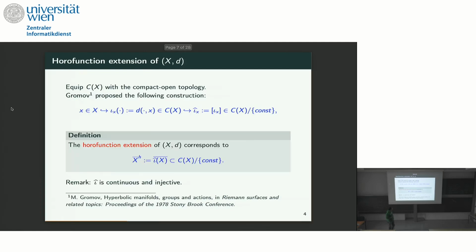Then he said that the horofunction extension of a metric space (X, d) is just the closure of this I hat mapping into the space of continuous functions quotiented by the constant functions. As a remark, it is continuous and injective.